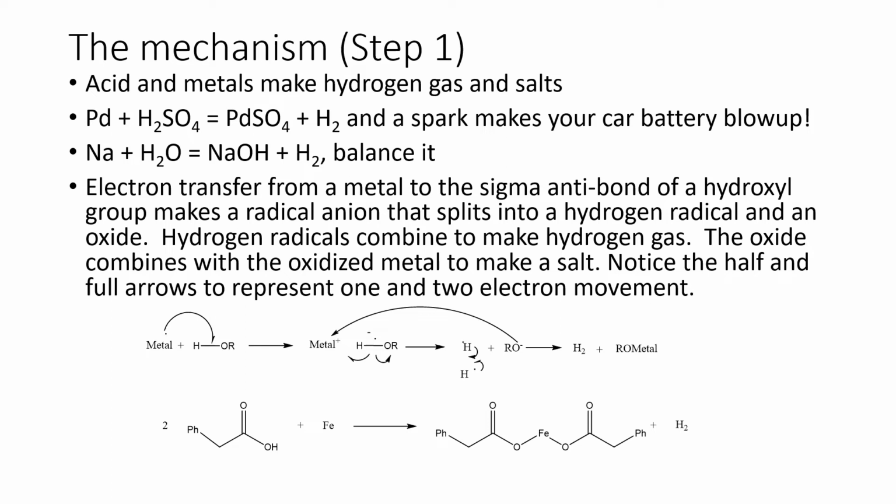When the metal reacts with the hydrogen bond, it homolytically breaks the bond between hydrogen and oxygen, which means hydrogen radicals will be formed. The alkoxide radical will combine with the metal to form salt, whereas the hydrogen radical is very reactive and traps another hydrogen radical and gives hydrogen.